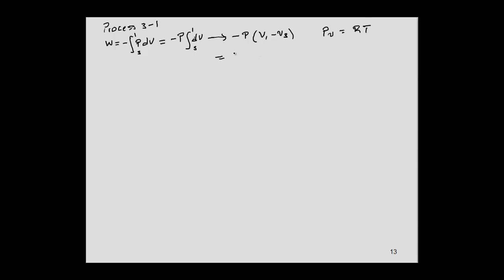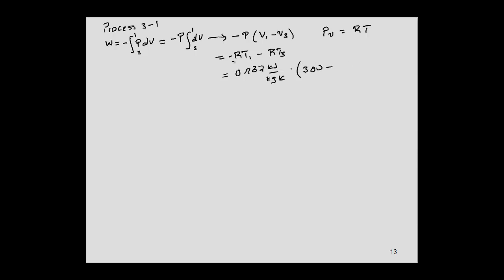So this will be R(T1 minus T3). R is constant, so we have 0.287 kilojoules per kilogram Kelvin times (T1 is 300 minus T3).